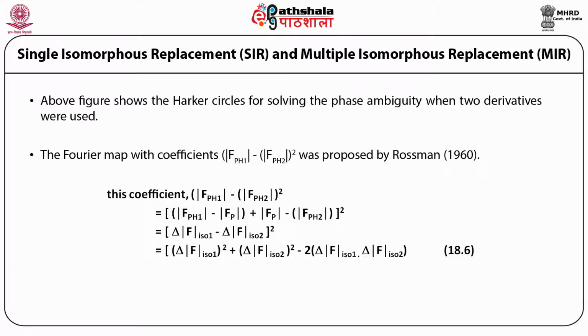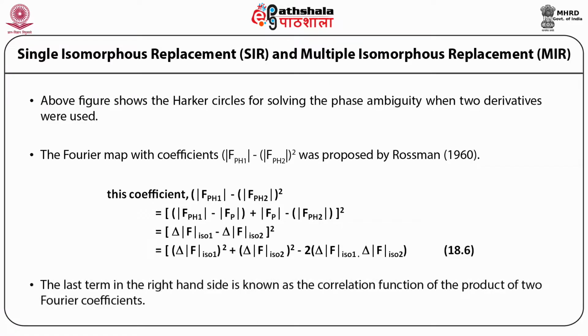Now this can again be simplified as delta mod F iso 1 whole square plus delta mod F iso 2 whole square minus twice delta mod F iso 1 times delta mod F iso 2. This is given by equation 18.6. The right hand side term in 18.6 is known as the correlation function of the product of two Fourier coefficients.